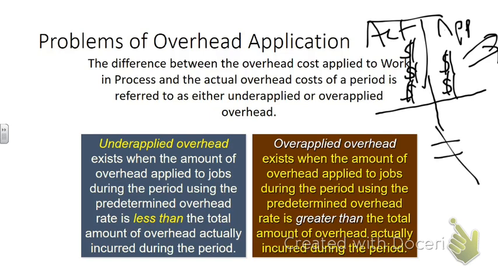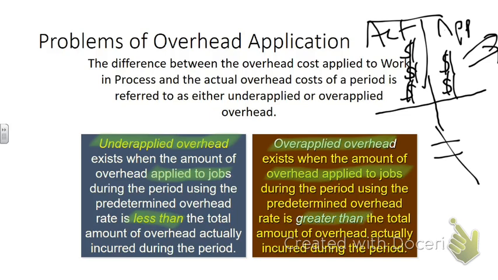We are going to either have what we call underapplied overhead, i.e., we haven't put enough on the jobs, and that exists when the total amount of overhead applied is less than the actual. We didn't put enough on the jobs, so our actual bills were bigger than our applied. Or we can have over-applied, when the amount of overhead applied to jobs during the period is greater than the actual.